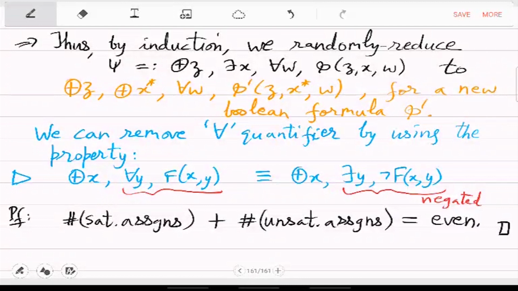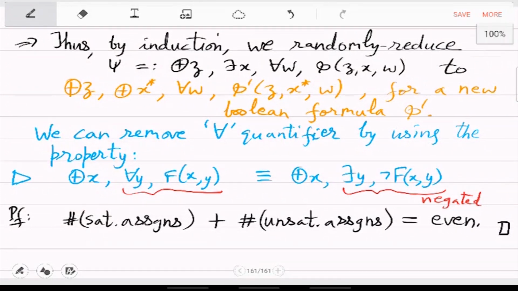And so what you have achieved is that parity for all can be replaced by parity there exists. And then again the same story, there exists by the previous proof can be reduced to parity.